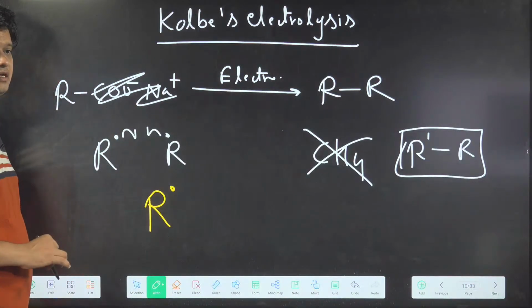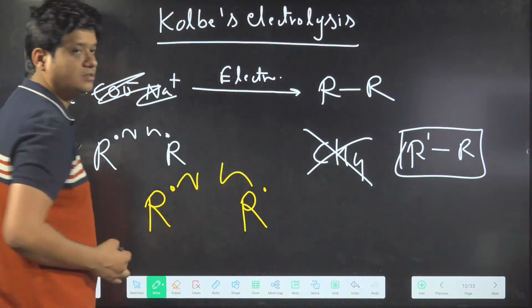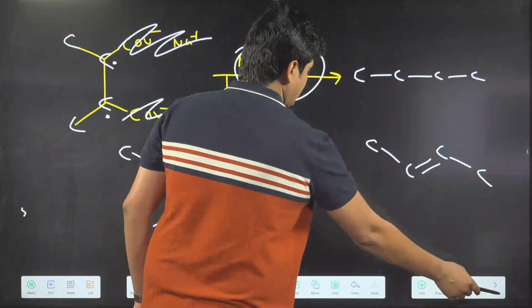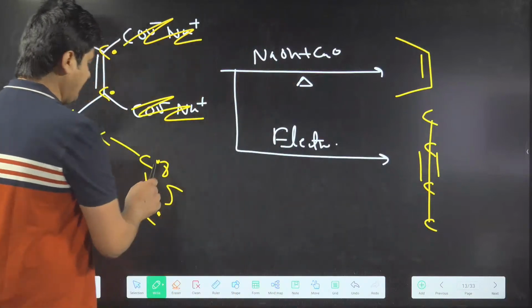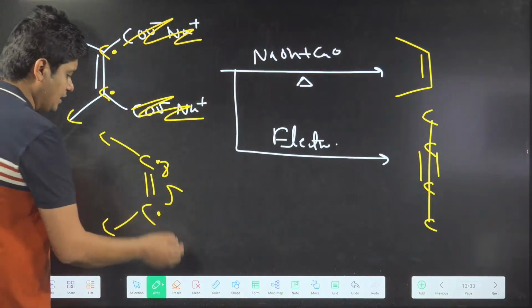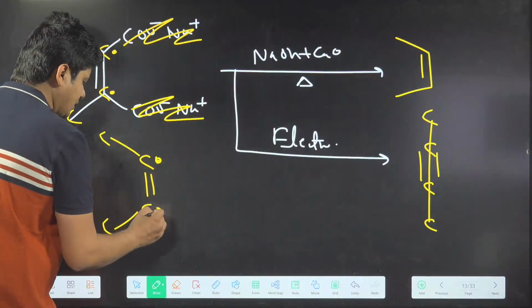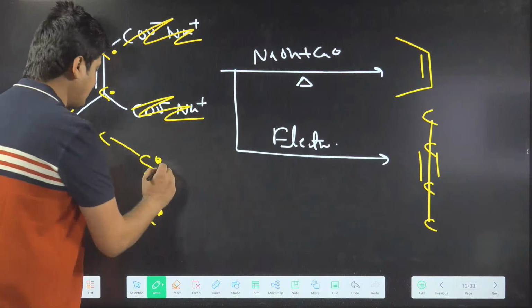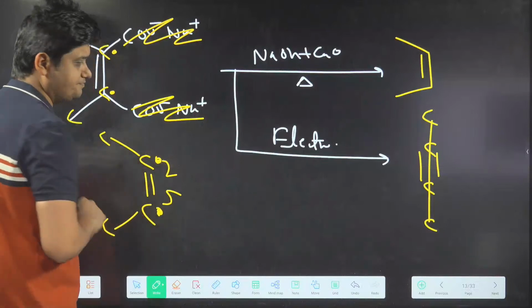A mono radical is there, so it is dependent on another. Two radicals are going to combine. But if two radicals are present in the same molecule, for example in this case, it is not dependent on another during electrolysis. What will happen? They are going to combine and form a product.